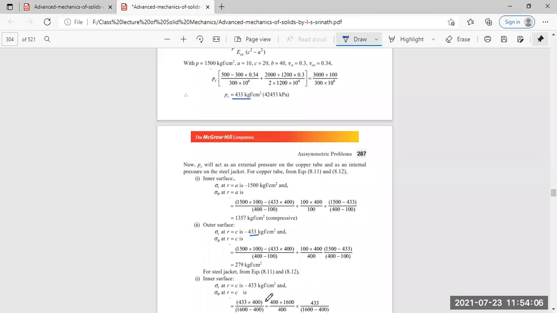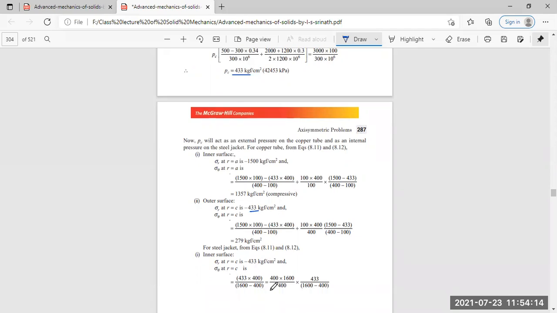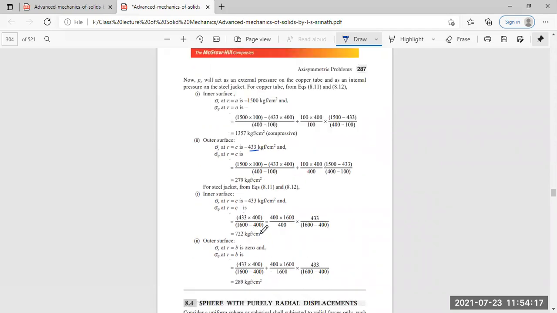So at the inner surface, sigma R at R equal to C is equal to minus 433, and sigma theta at R equal to C is given as 433 into 400 by 1600 into 400 by 722 kg per centimeter square. And at the outer surface, R equal to B, sigma R is 0, and sigma theta at R equal to B is equal to 433 into 400 divided by 289. So we have got, as per our requirement, sigma R and sigma theta, the radial stress at the outer surface of the steel.